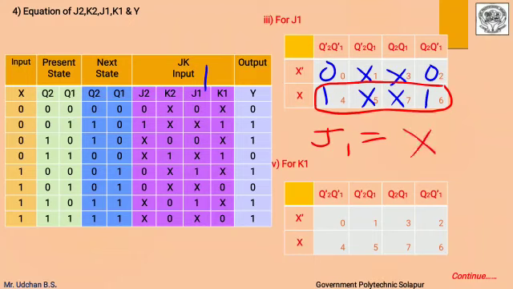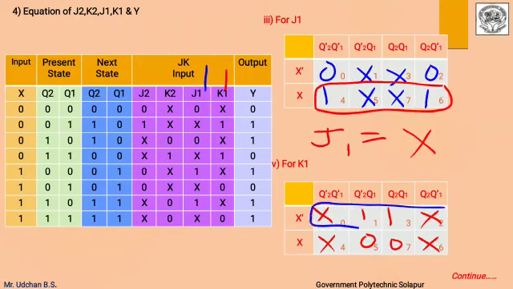After that enter the values of k1 onto the K-map: don't care 1, don't care 1, don't care 0, don't care 0. Here we have to form this quad. For k1 I can get the equation as x bar.